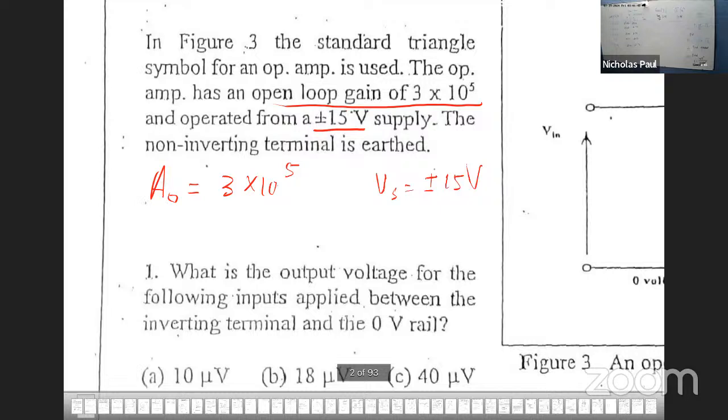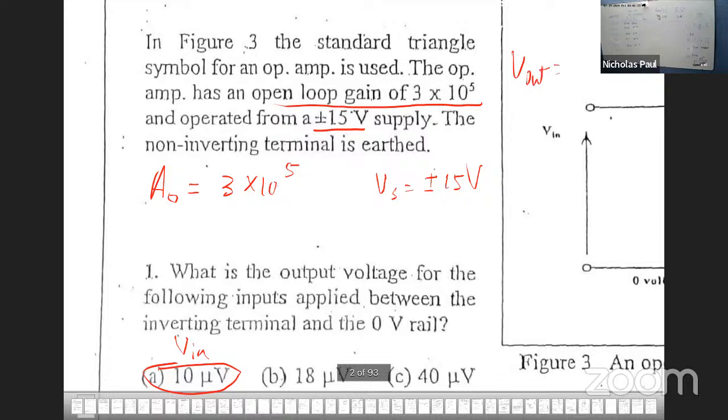All right. So what is the output voltage for the following inputs applied between the inverting terminal and the zero? The first input value we have to work with is 10 microvolts. How do we find V out?